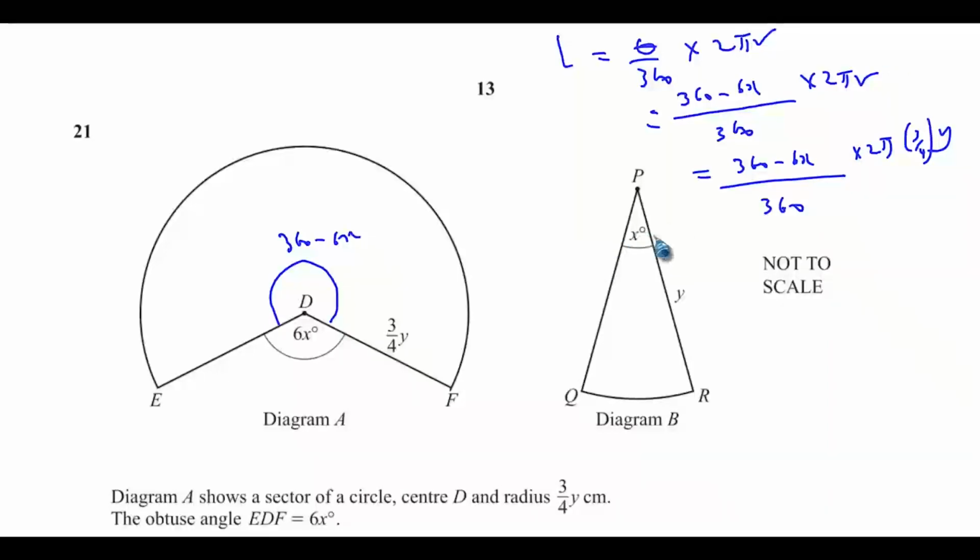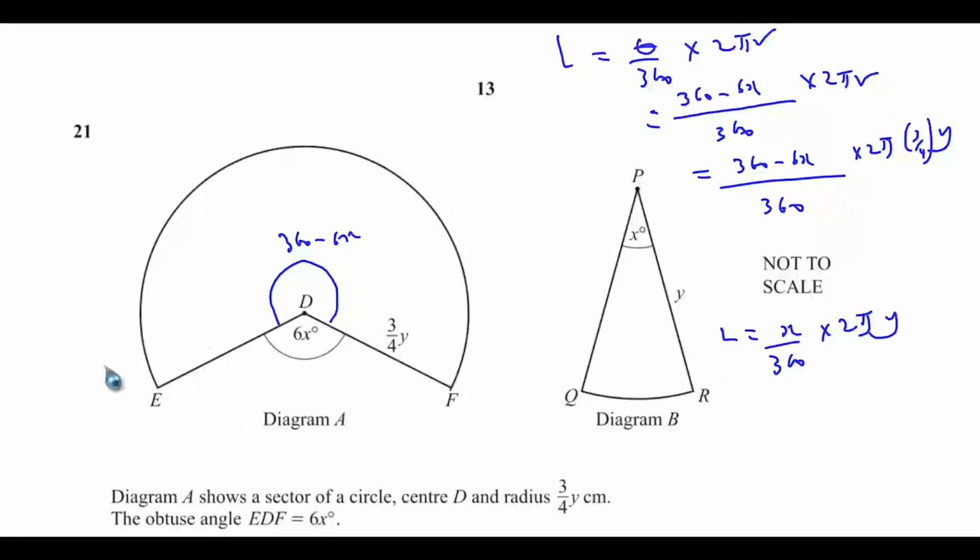Then for the second one, that is this arc here, arc QR, we can do the same thing. The length will be equal to x over 360 times 2 pi, and the radius is y.